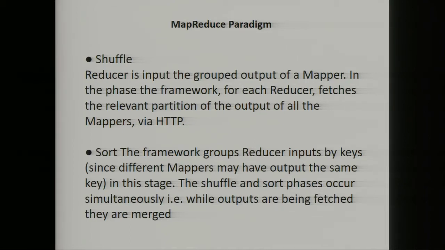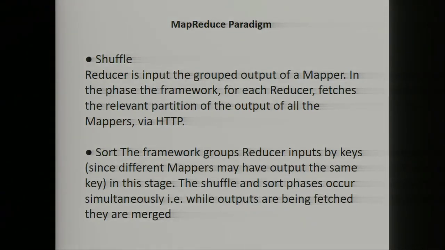In this phase, for each reducer, the framework fetches the relevant partition of the output of all the mappers via HTTP. You might have come across HTTP in the HDFS architecture, where you talk about the file system.